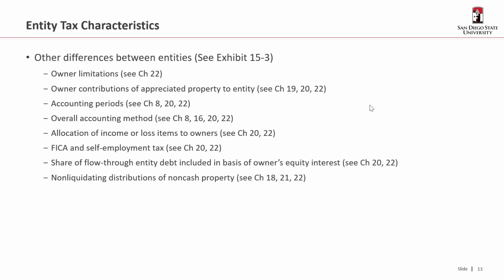So we're going to do Chapter 16, we're going to do Chapter 18, 19, 20, and I guess 22. That sounds right to me. So maybe a little bit of 21. So we're going to cover these items in detail as we go through those chapters. It makes sense for you to read this Chapter 15 to understand the basics of the tax characteristics of these entities, knowing that in the future we're going to dive into them much deeper.